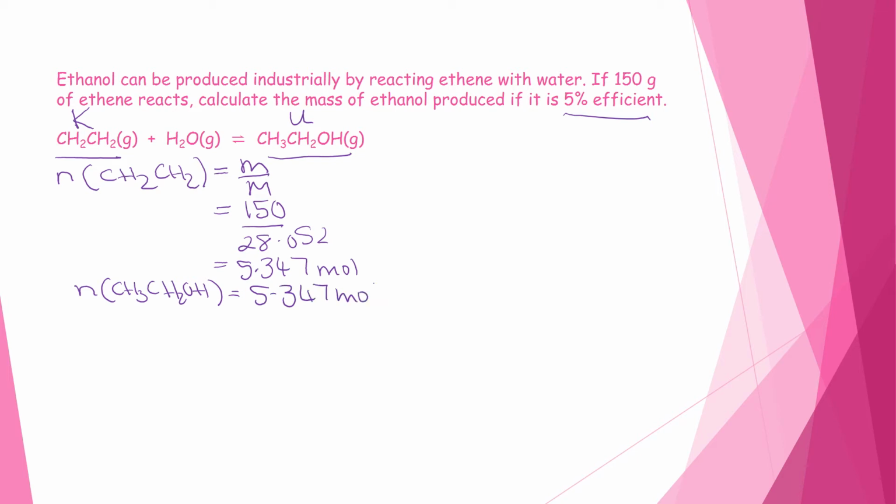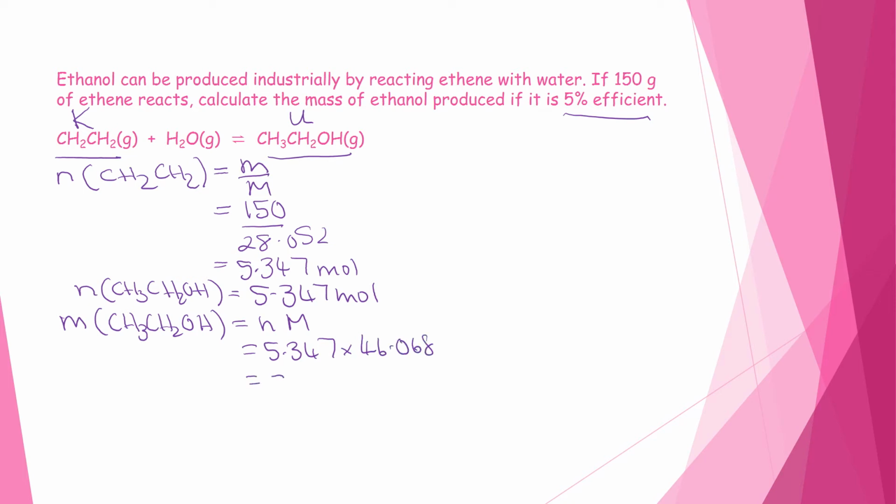Now please note, I always make the statement so my marker knows what I'm doing. So now I can find the mass of ethanol. And this is equal to a number of moles times a formula mass, so it's 5.347 times 46.068.